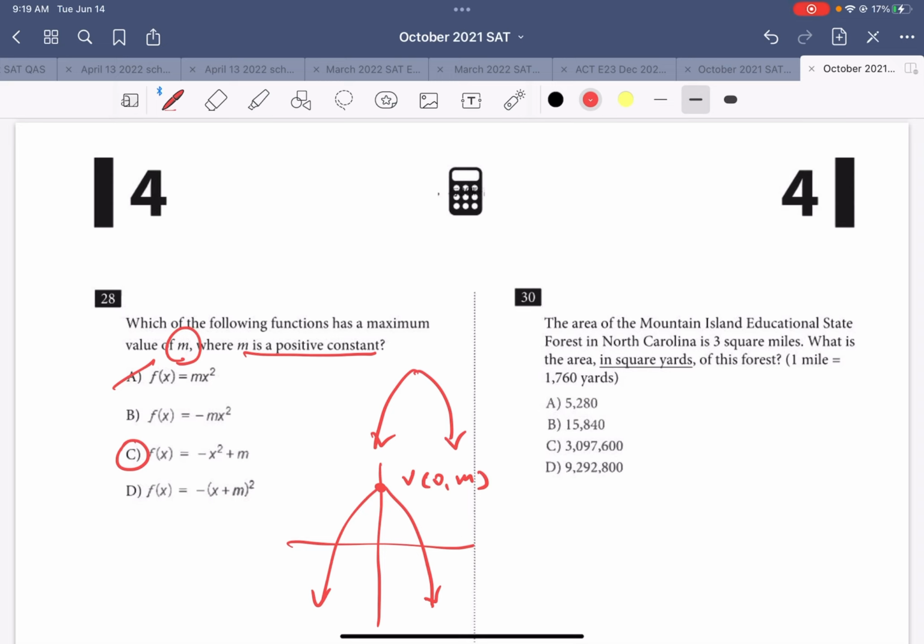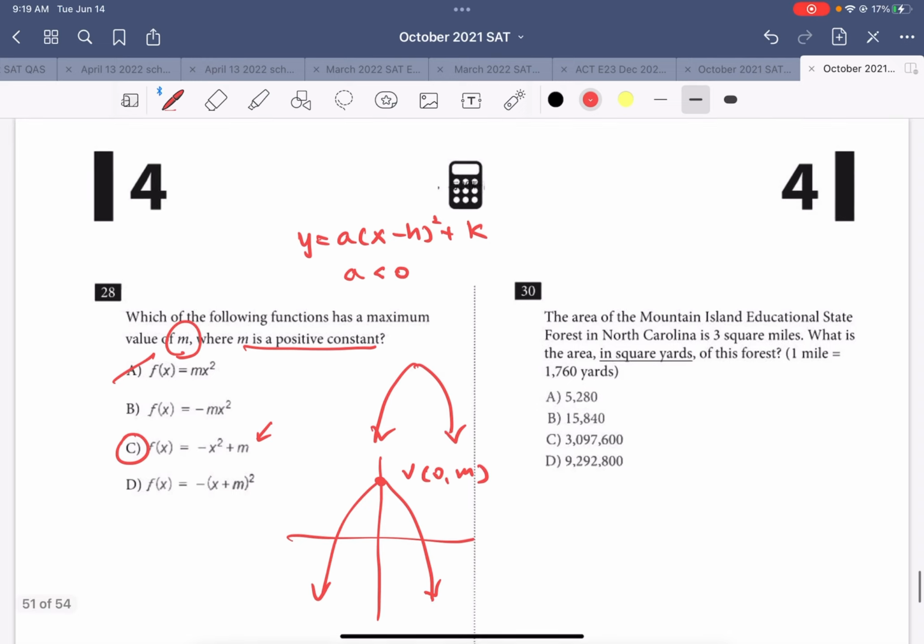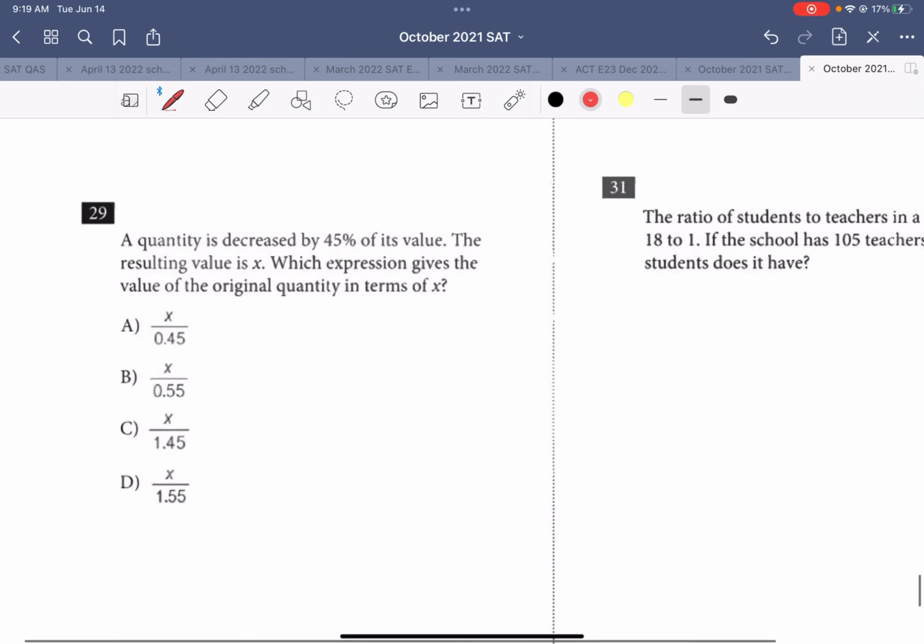Okay, so that's your y equals a times x minus h squared plus k. As long as a is negative, that means open downward, so this is a maximum. If a is positive, then it opens up, then k would be the minimum value. That's how you're going to look at it.